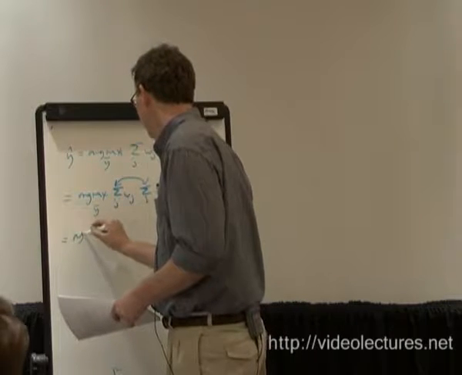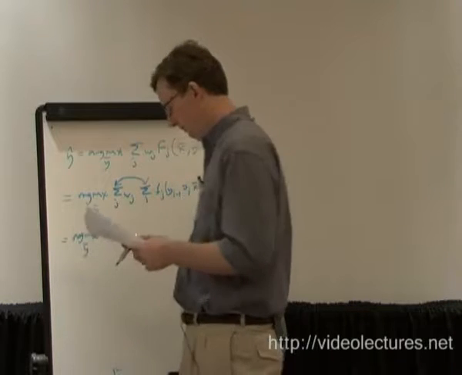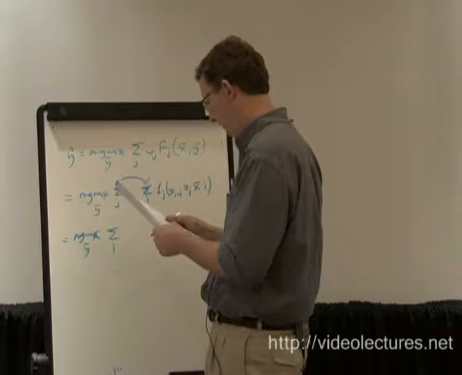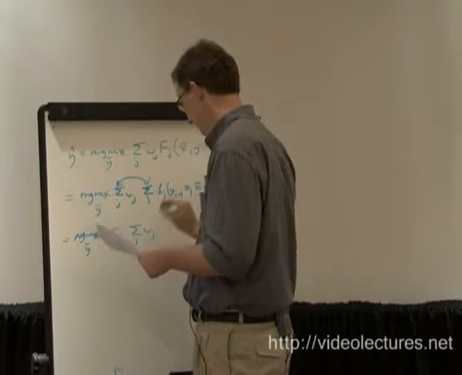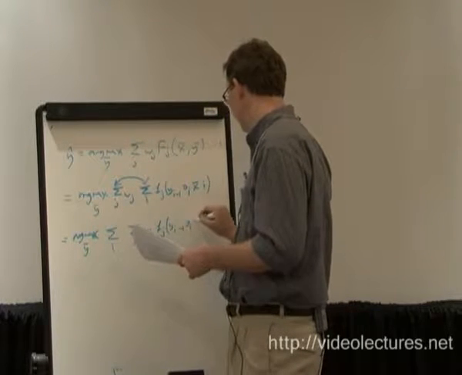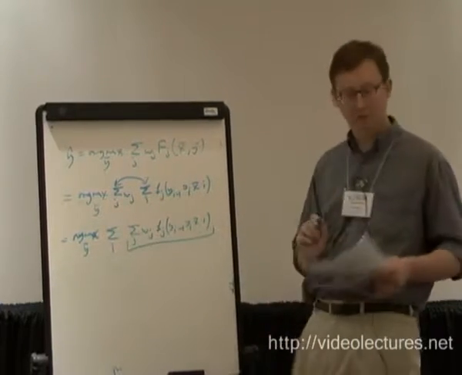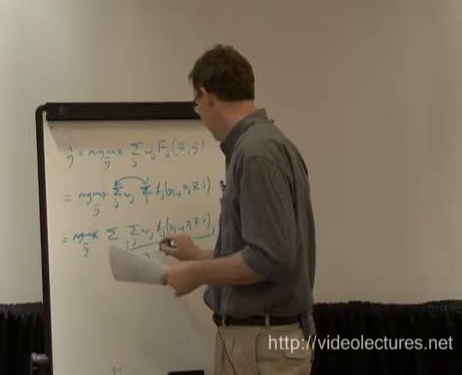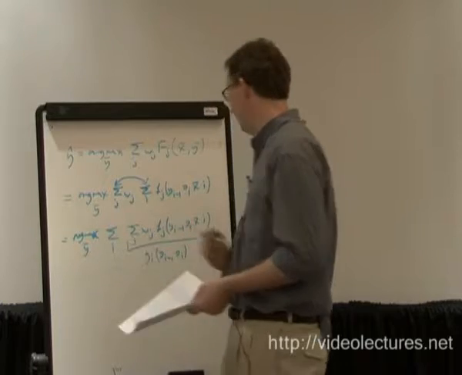So argmax over y bar of the sum over i, and then what I have is the sum over j of wj little fj of yi minus 1, yi, x bar i. And then I'm going to call this my g function. And I'm going to call this gi of yi minus 1, yi.